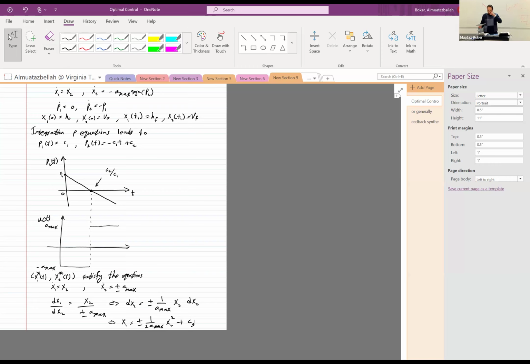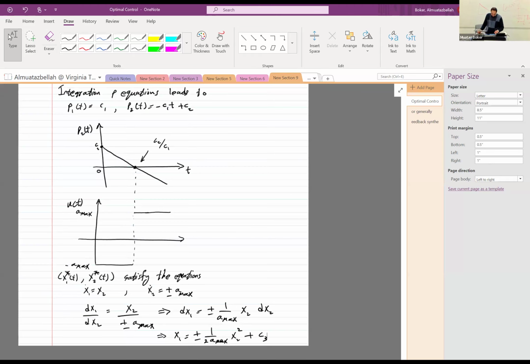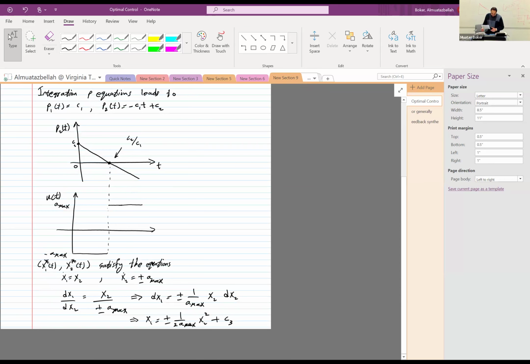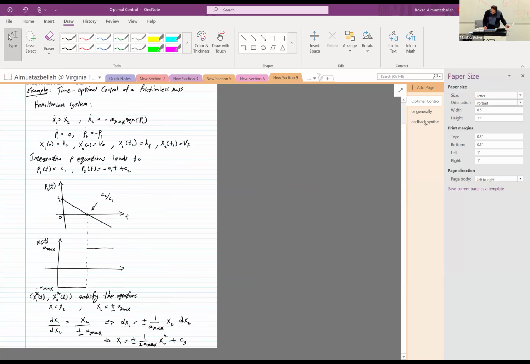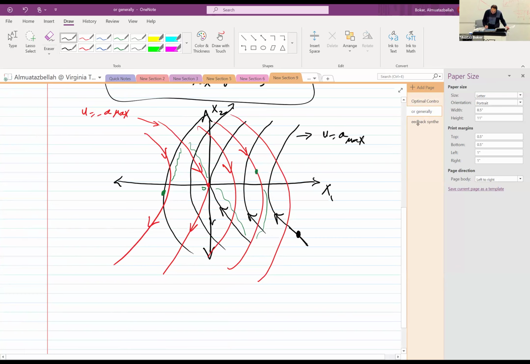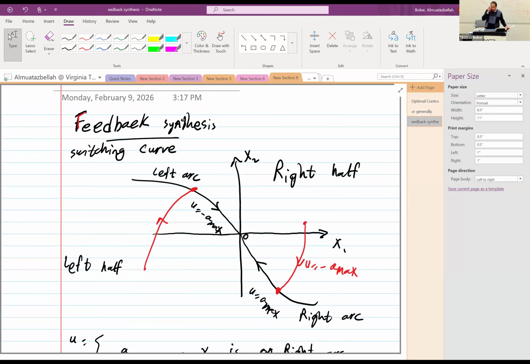Henry, you have a question? Yeah, I was wondering why x2 is equal to 0 at the optimum, because we don't say that we have to stop. The question is just to minimize, get to x2 as fast as possible. Wouldn't the solution be any point that intersects?